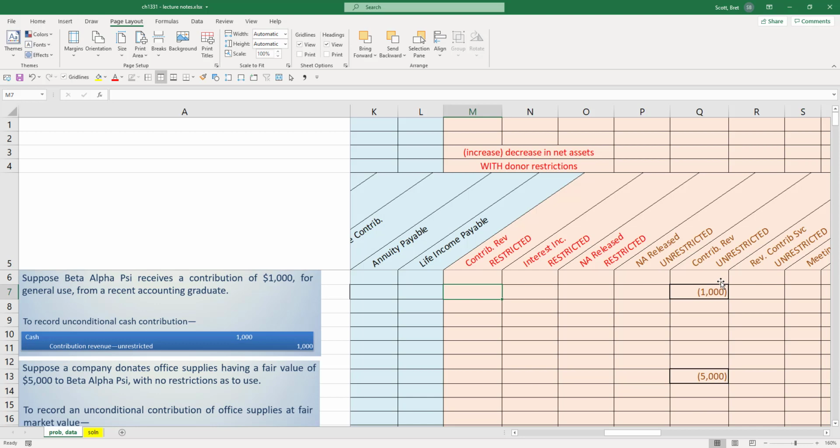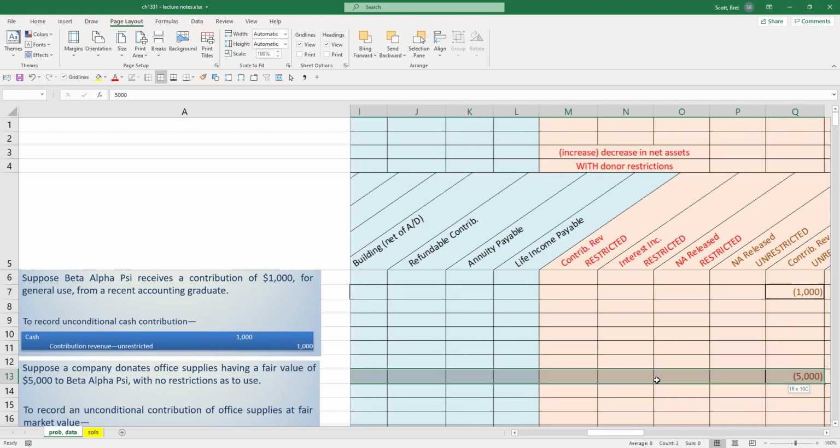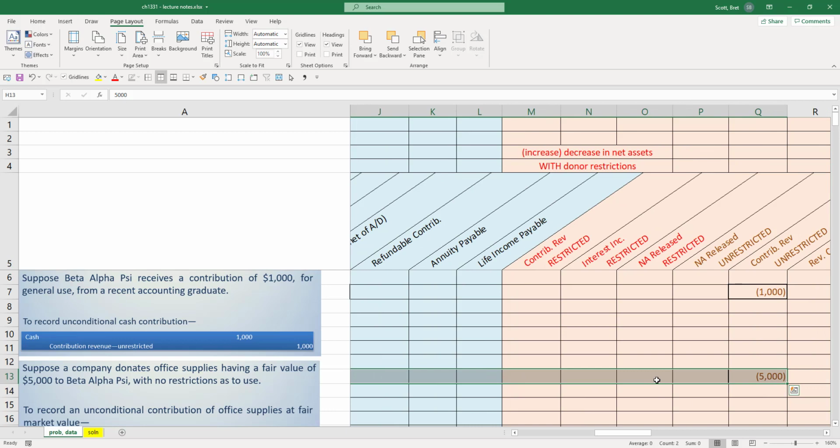Thus far, people just give us stuff and don't tell us how to use it. It's okay to say by default, it's unrestricted. So those journal entries are not very complicated, but they are en masse what the nonprofit corporation records. They either get cash or some type of asset, and they record a credit to contribution revenue unrestricted.